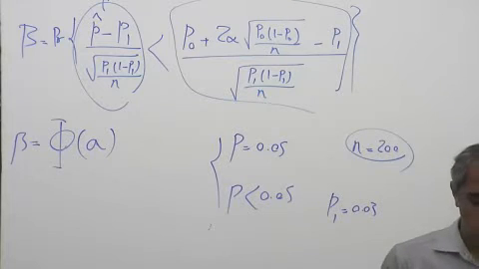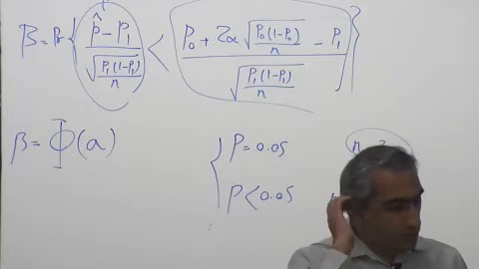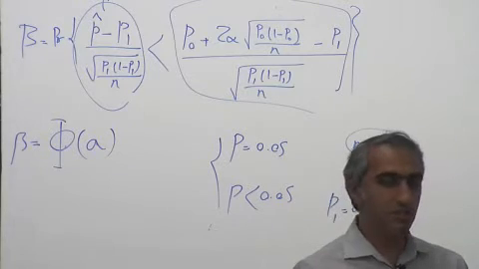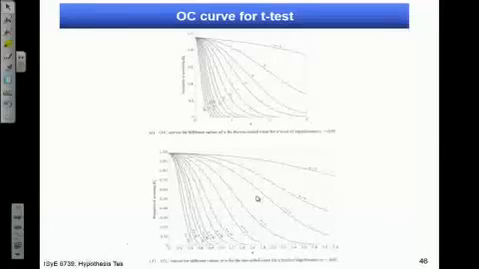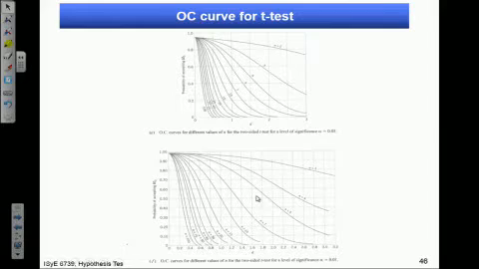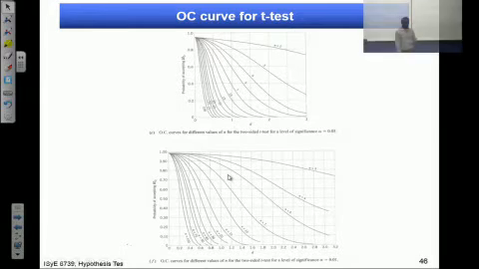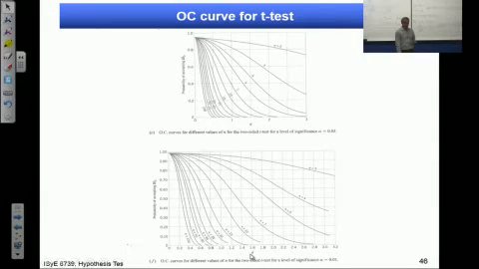Okay. So the OC curve for the t-test. For the t-test, we don't know how to calculate alpha and beta. But if you want to calculate alpha and beta based on different n, you can use the OC curve. These are used in practice. For example, D again is a scaled change in the mean.